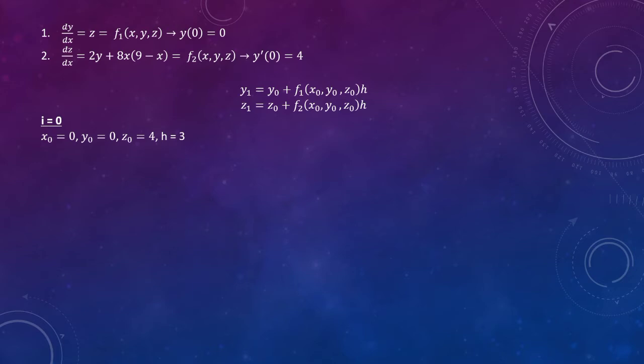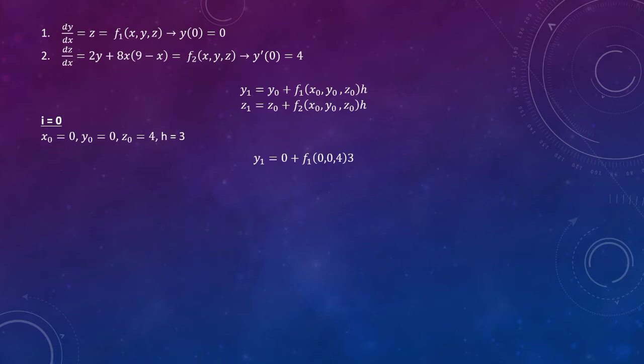Now we have all the given values. We can now substitute these values into our first formula. We have y sub 1 is equal to 0 plus the first function multiplied by 3. y sub 0 is 0, h is 3.